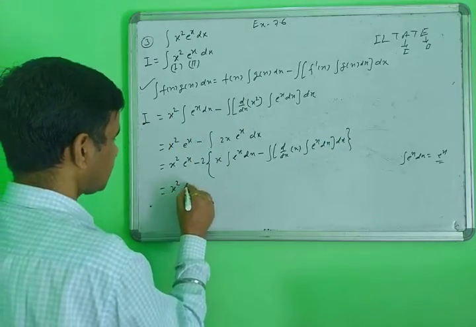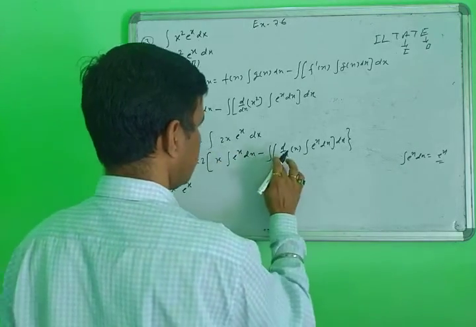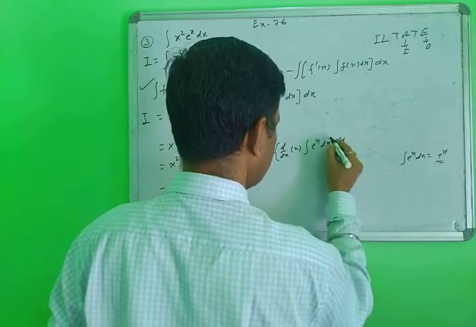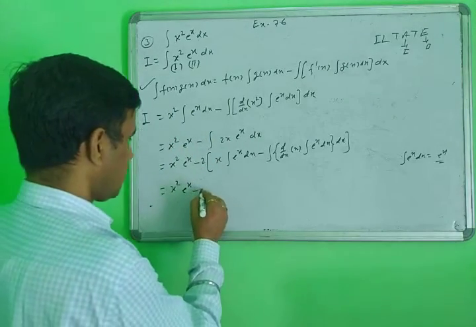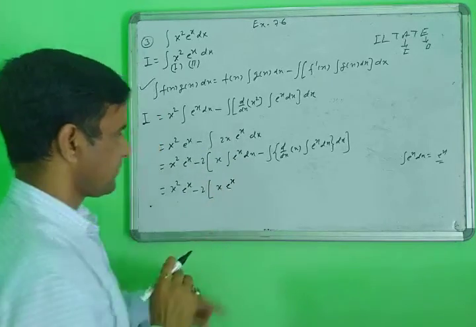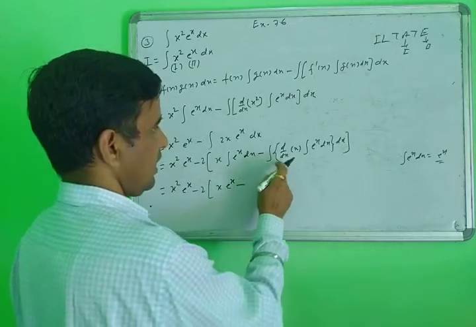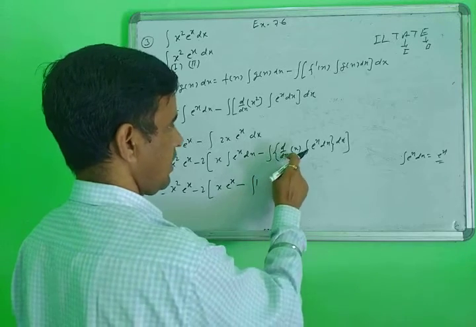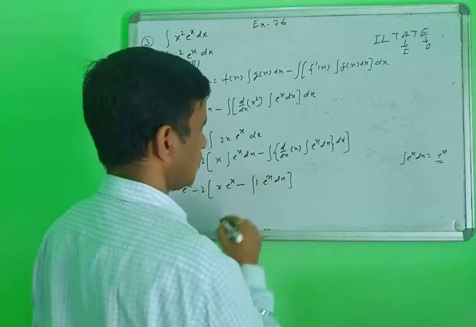So x square e exponent x, and you can write square bracket or curly bracket in this way. Now again, minus 2 times: first function x, integration of second e exponent x, minus differentiation of x which is 1, times e exponent x, dx, and this is closed.